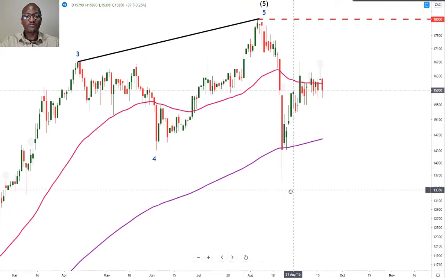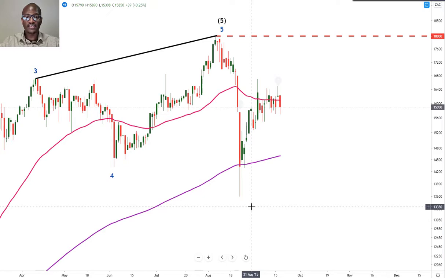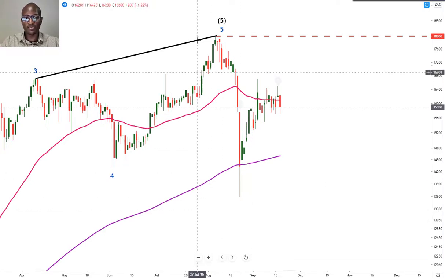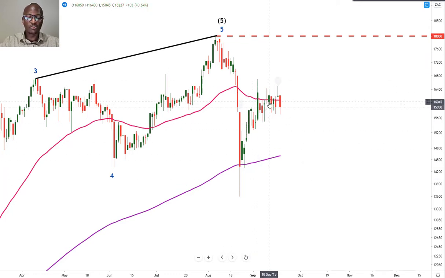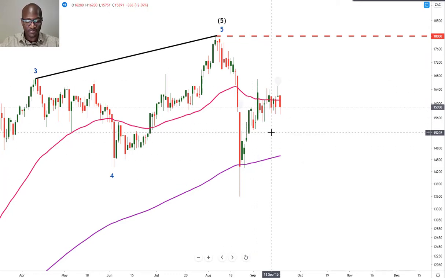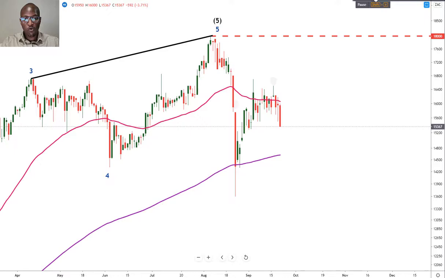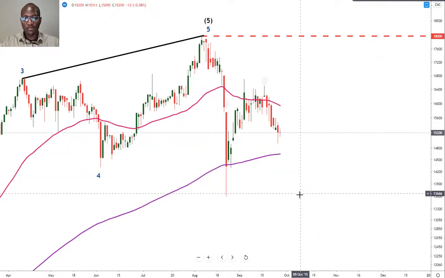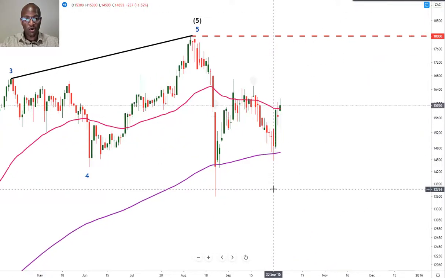Now, from an Elliott Wave perspective, we've already ascertained that the uptrend is now complete because we have 5 waves complete, but the moving averages, because they lag so much, haven't given a sell signal yet. But as we move forward from here, we can see the moving averages start to converge more and more.